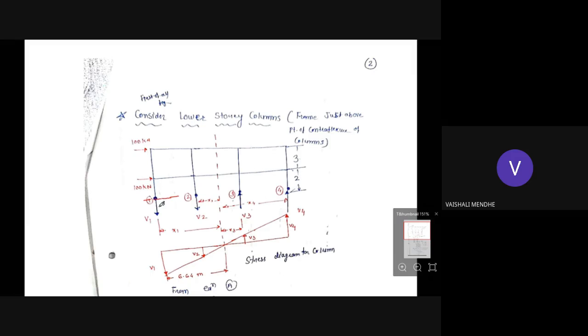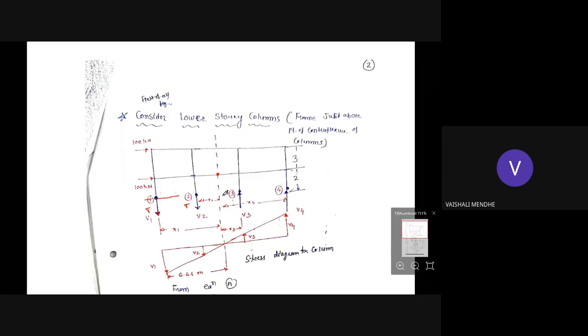Here I have considered these two columns as windward side columns, so the force developed here is a tensile force, and this is the leeward side column. This is the CG of the frame. The force developed in the leeward column will be a compressive force. Accordingly, we can plot the stress diagram for the columns, that is V1, V2.